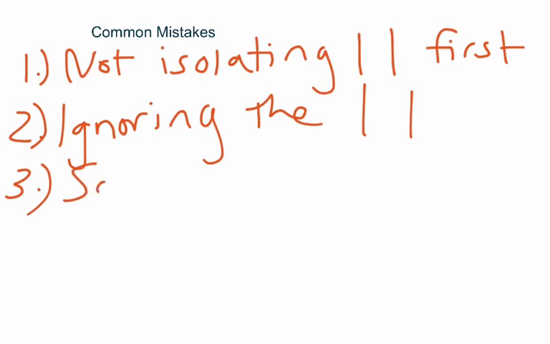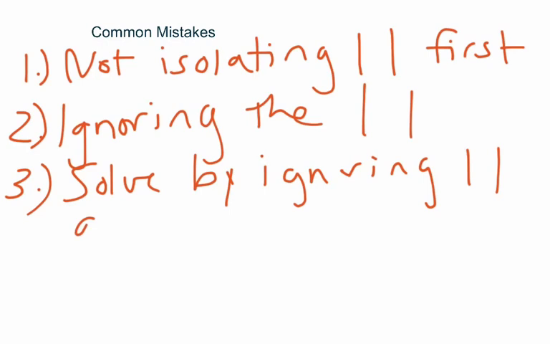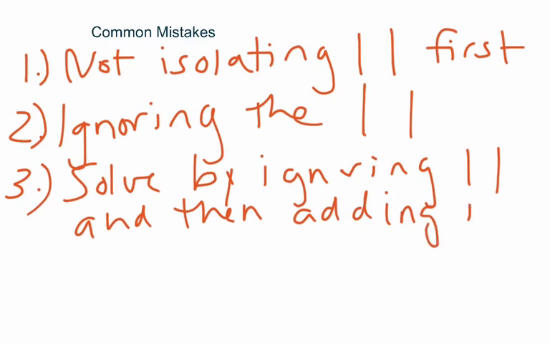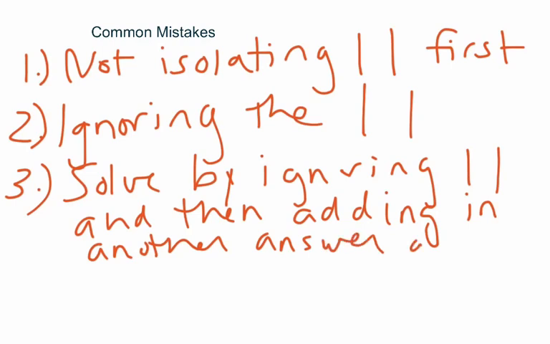So what they'll try to do is solve by ignoring the absolute value and then adding in another answer at the end.